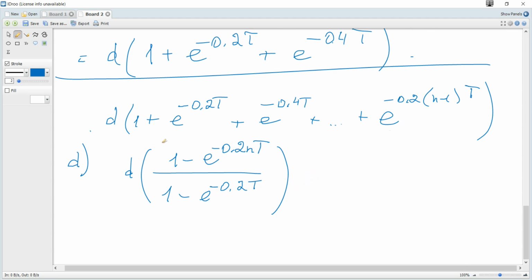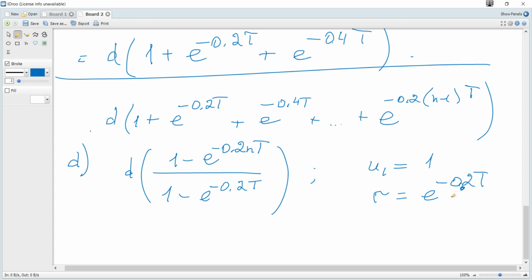If we consider only this without D, the first term u1 is 1, and the common ratio, the second divided by the first, is e^(-0.2T), and you can check that it's always the same.